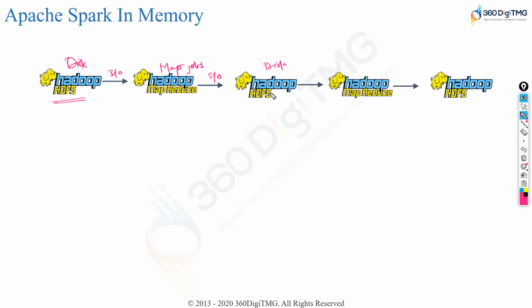Once this data is recorded here, it is the output of map jobs, which is nothing but data accumulated, or you can say intermediate key-value pairs, accumulated by the master so that this can be passed as input. Disk IO happens, and you're passing the data as input to reduce jobs.